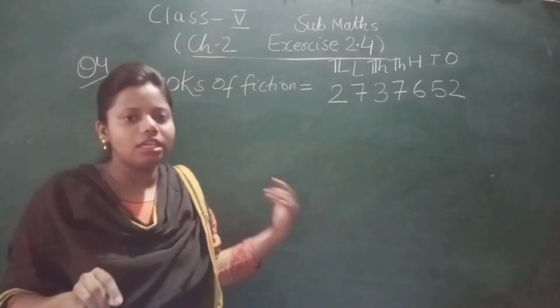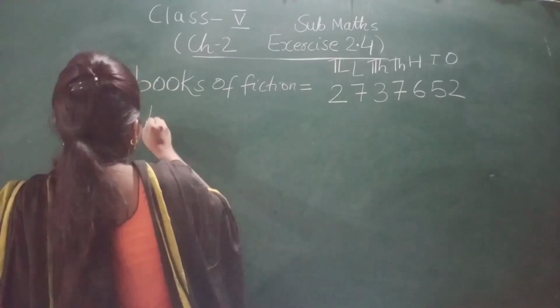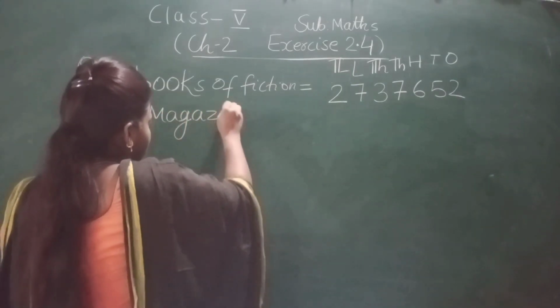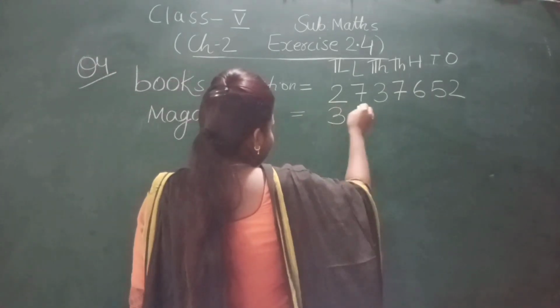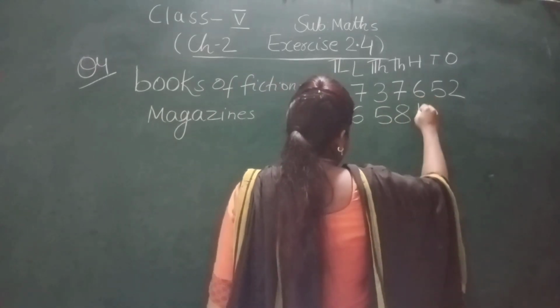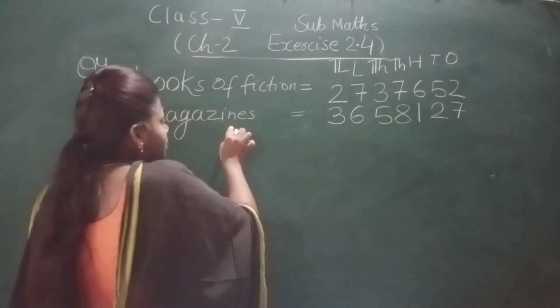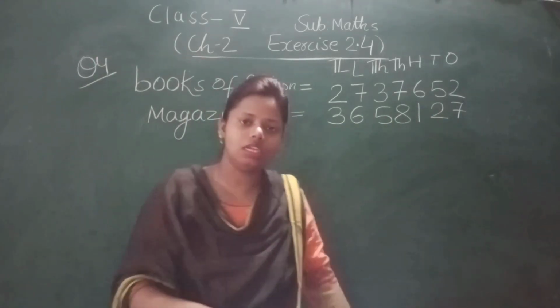Now let's write how many magazines are there. 36,58,127.